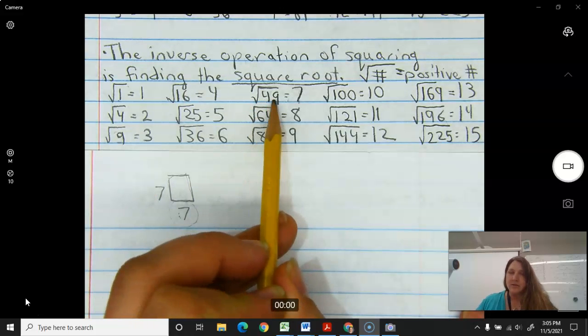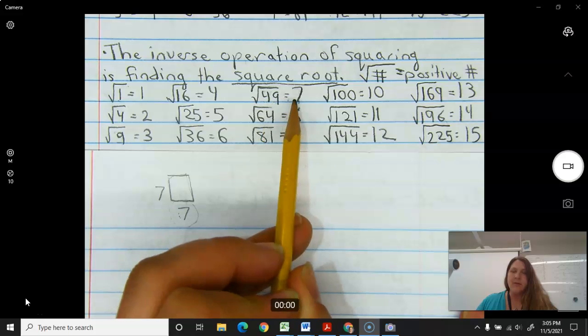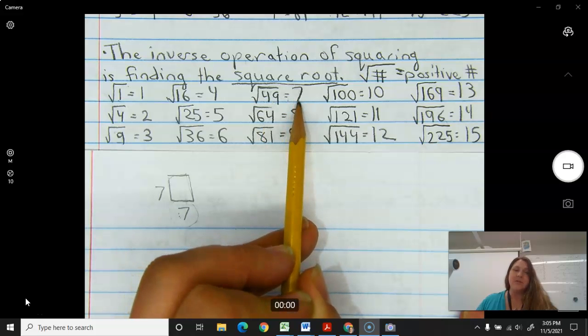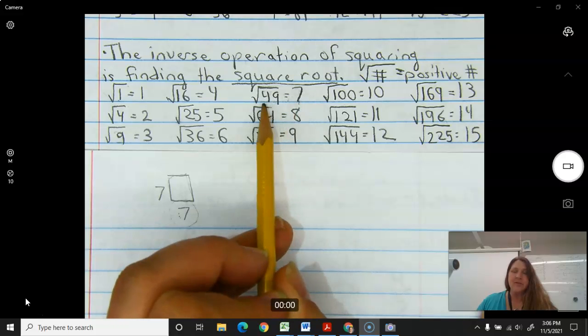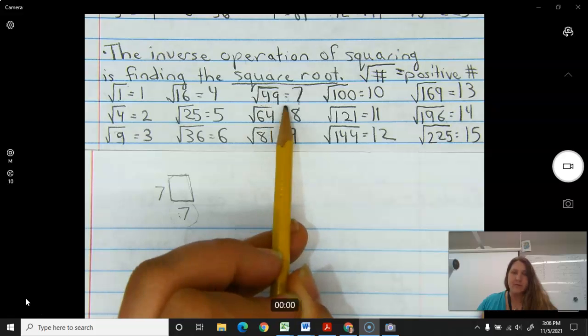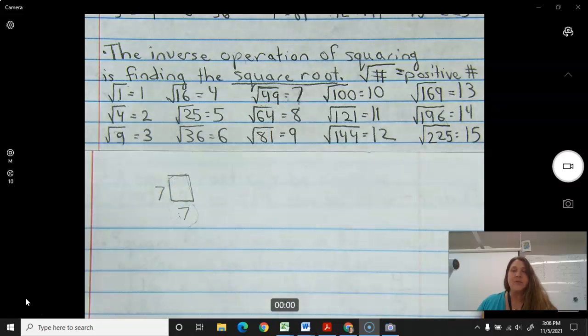The square root of 49 is 7, because 7 times 7 creates 49, the perfect square. Again, make sure you pause the video and copy these down.